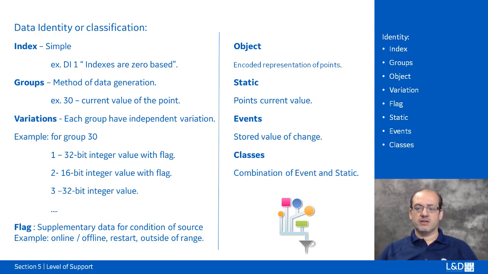So we could have a 32-bit integer value with certain flags, or a 16-bit integer value with a flag, or a 32-bit integer value without any supported flag. The flags are information or metadata that would say whether the points are online or offline.